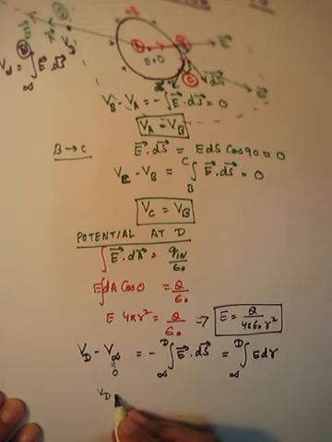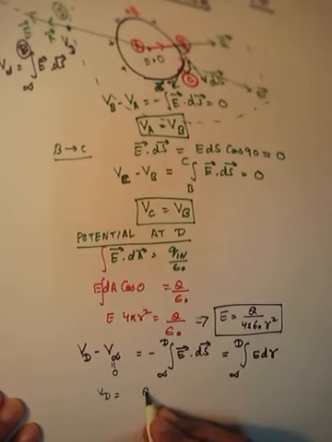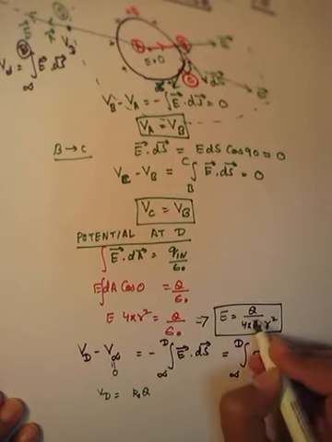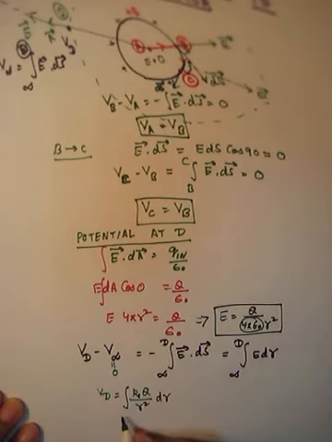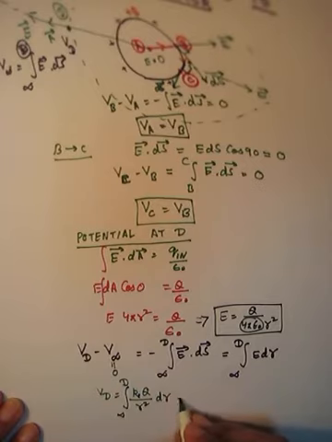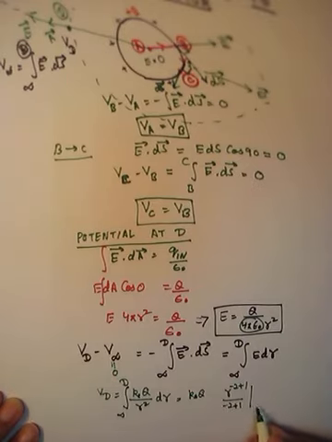So Vd will be equal to, now the electric field will be Ke upon r square, so the integral from infinity to d of Ke q upon r square dr. So it will be Ke q r to the power minus 2 plus 1 upon minus 2 plus 1, from infinity to d.